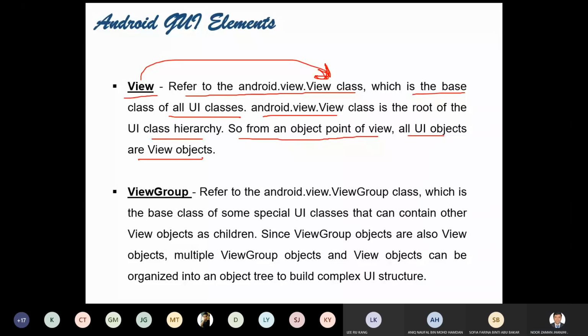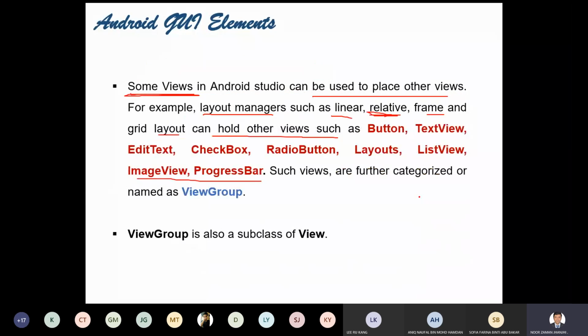And view group, we already discussed, refers to the android.view.ViewGroup class, and the view is the android.view.View class. If we go back, you can see what we discussed: the view group is also a subclass of the view.